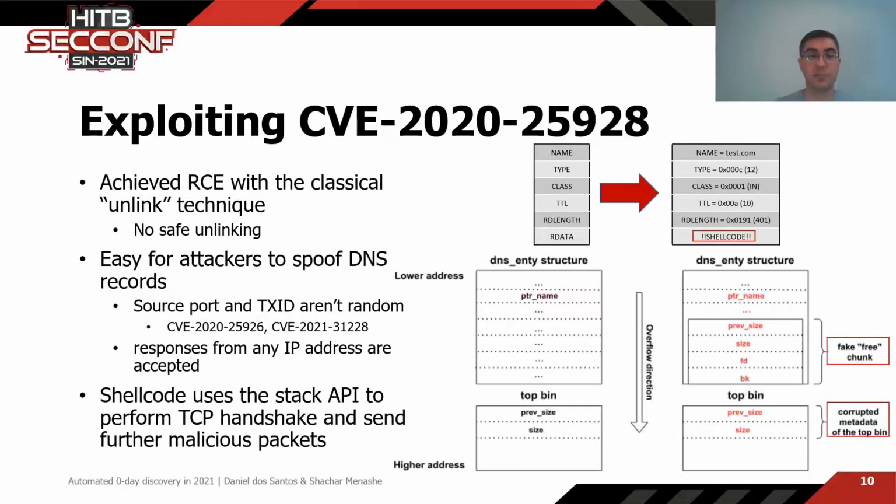But the actual exploitation using unlinking is shown quickly on the lower side of the right-hand figure, where you corrupt the metadata of the top bin, and then a fake free chunk is also created in this DNS entry structure, so that the next allocation will go to this fake free chunk.